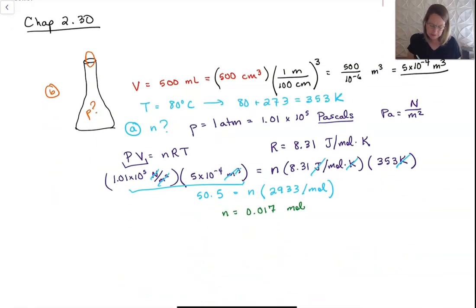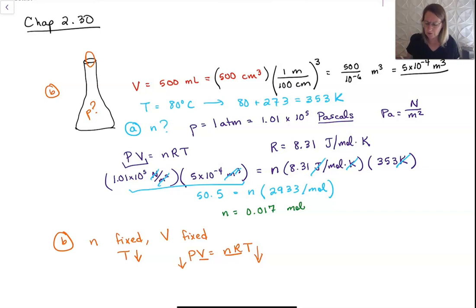Okay, so for this setup for part B, what we're wanting to do is we say, well, the number of moles stays fixed. It's this value that we found. The volume also stays fixed. And so the temperature goes down, and from PV equals nRT, if the temperature goes down and these terms are fixed, R is a constant, so R is fixed, then the pressure must also go down.